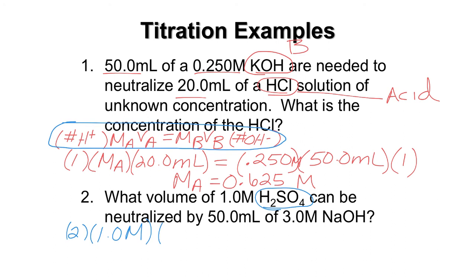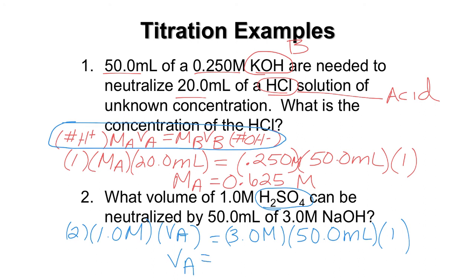And again, we are solving for an unknown from our acid, this time the volume of the acid. The molarity of the base is 3. The volume of the base is 50. And only 1 OH is present in my base. So then this one you probably don't even need your calculators for. Math is pretty easy. We'd have 150 divided by 2, so that would be 75 milliliters. Check significant figures, 2 significant figures, so we are good with our answer.